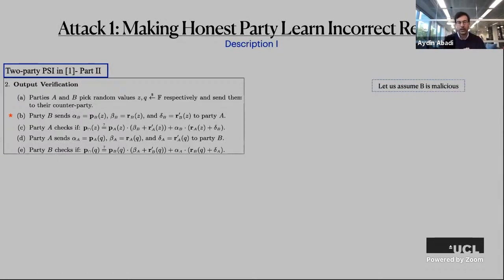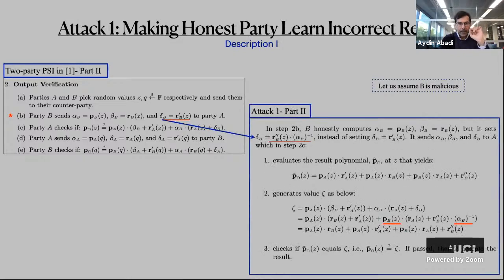So what it needs to do here is simple. When party B generates a set of values in step B, the only thing it needs to do in order to escape from being detected is to generate another value instead of delta_B.